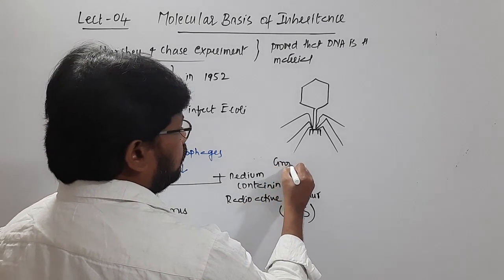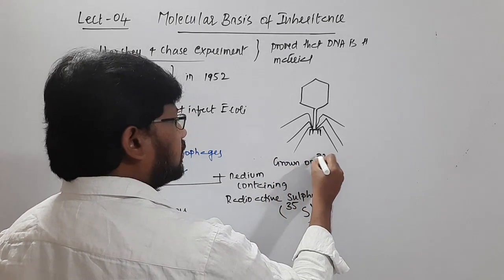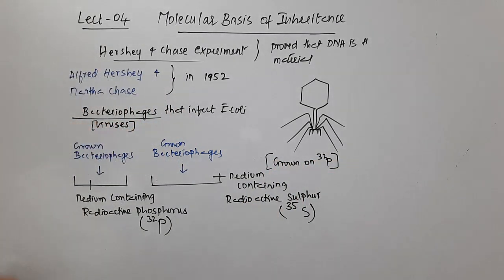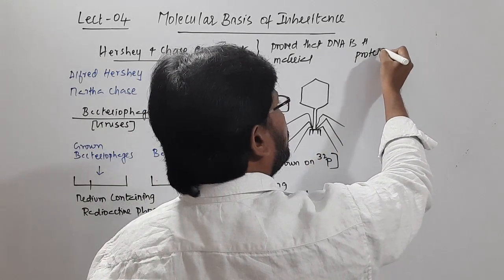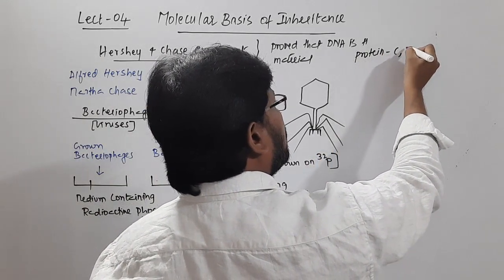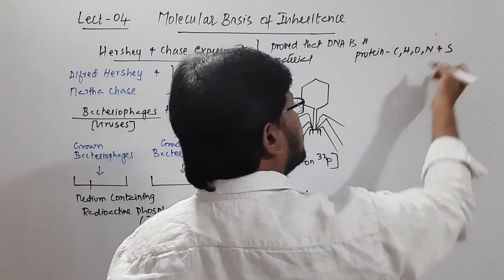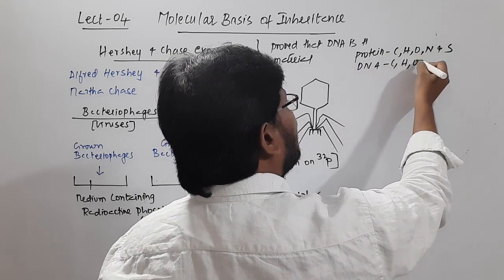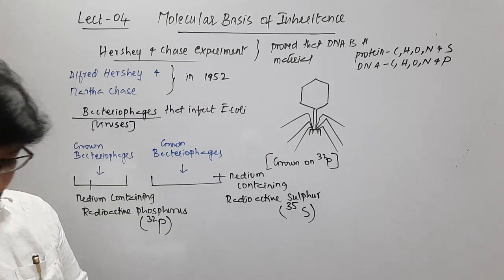As I told you already, protein consists of carbon, hydrogen, oxygen, nitrogen and sulfur, and DNA has the same components except it has phosphorus.